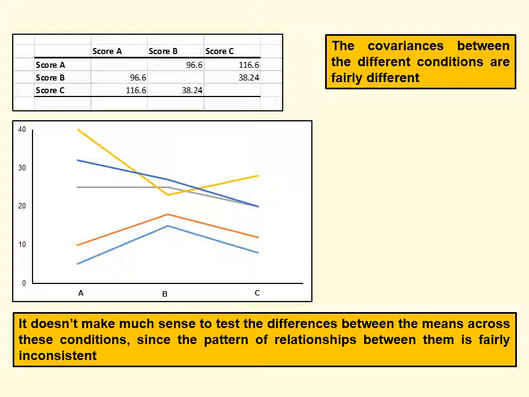And I hope it kind of illustrates this idea that if we had a matrix where the covariances were very different from one another, what that would correspond to is this kind of inconsistency in relationship across the different levels of the outcome variable.